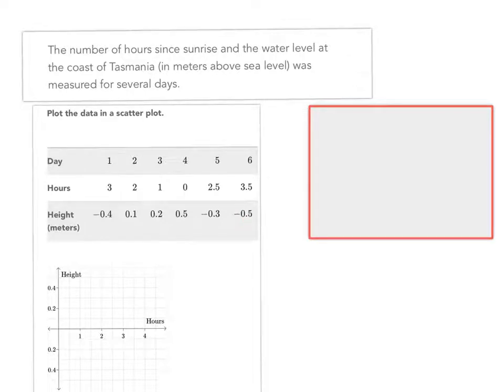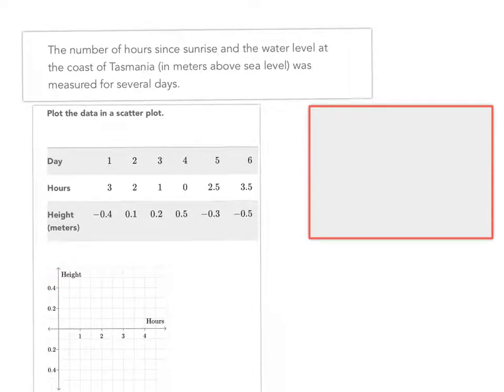Okay, so when we look at a scatter plot, we need to recognize that the variable on the horizontal axis, in this case hours, is called the predictor or independent variable. And the variable on the vertical axis is called the response variable or the dependent variable.